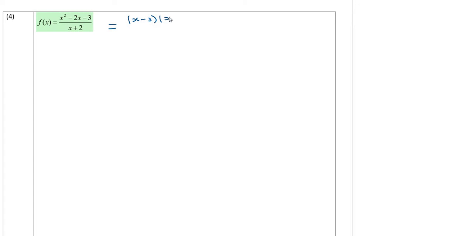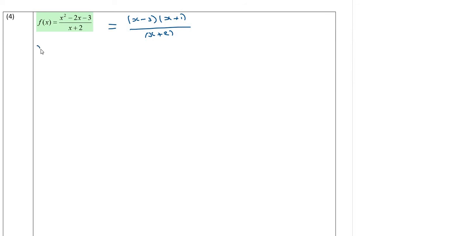Don't get into that habit. It can be that you need to use the formula to find these x-intercepts, because it's not going to be 100% factors every time. If it can't be factorized, we will just use the formula, because this is just a quadratic.